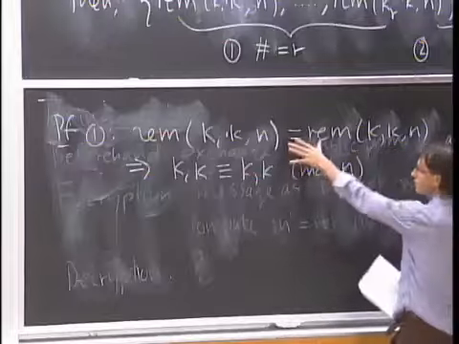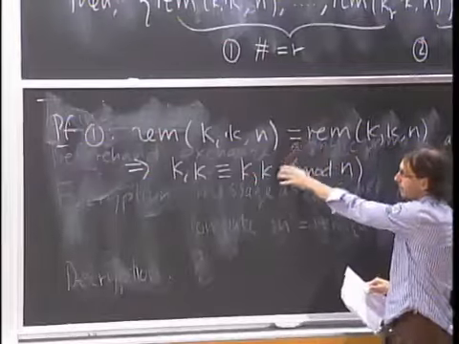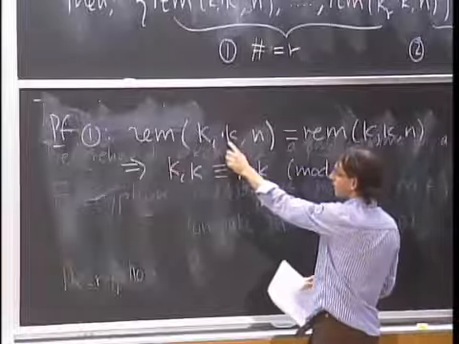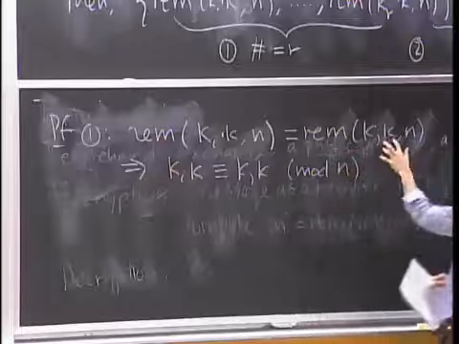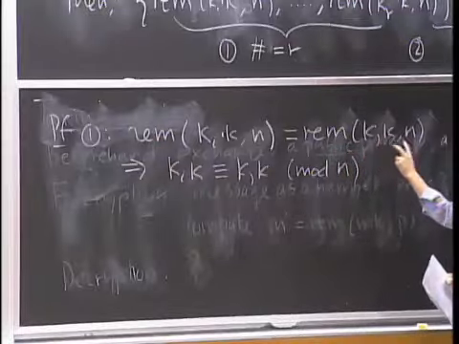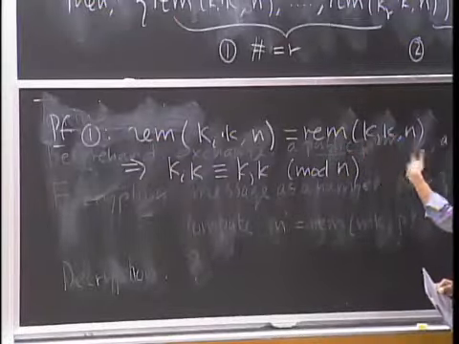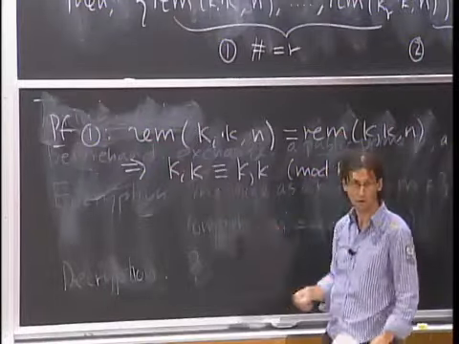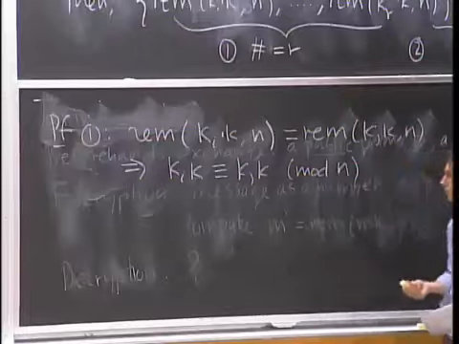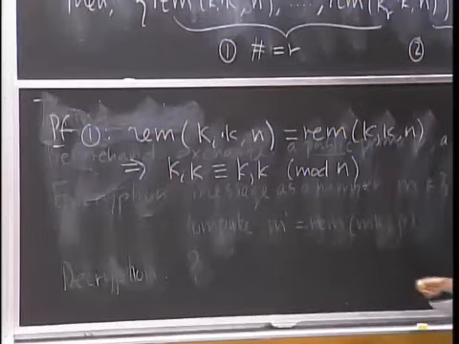Well, these two remainders are the same, and ki times k is equal to this remainder plus a multiple of n. This kj times k is equal to this remainder plus a multiple of n. So the difference between those two is also a multiple of n. And that's the definition of congruence.